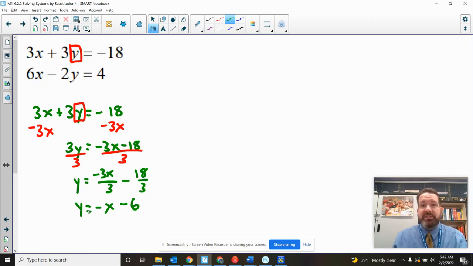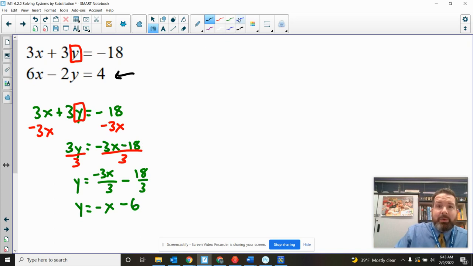One of the equations is solved for one of the variables. I've got this y by itself. We are now ready for step 2. I used the top equation to get to here. So for the next step, I have to use now this bottom equation. Always got to be the other one.